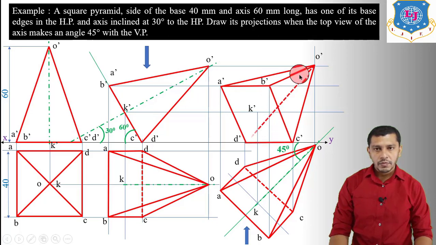So OD is going to be hidden because here we have to apply the third rule, that is 2 visible lines will never intersect and 2 hidden lines will never intersect. So the slant edge OD is going to be hidden. Now show the axis by connecting O dash, K dash. So these are the axes. So this will be our final front view and top view in the third stage.